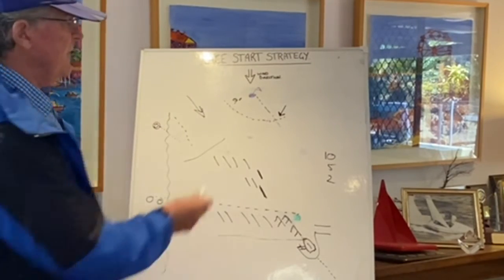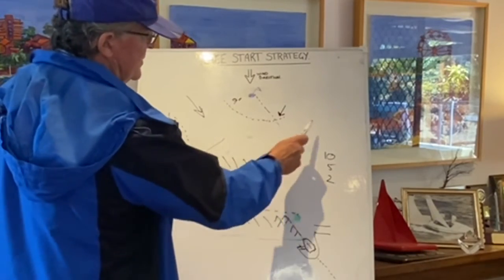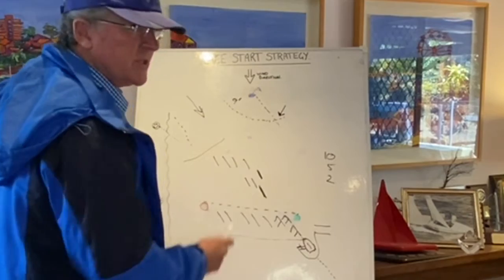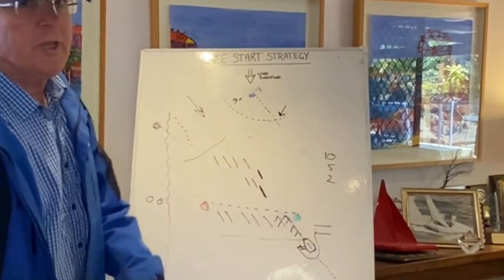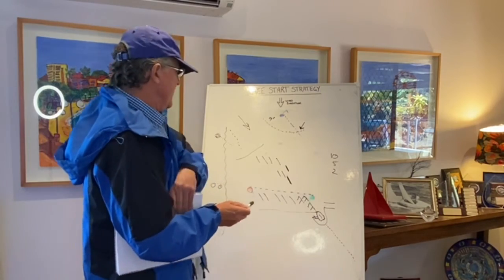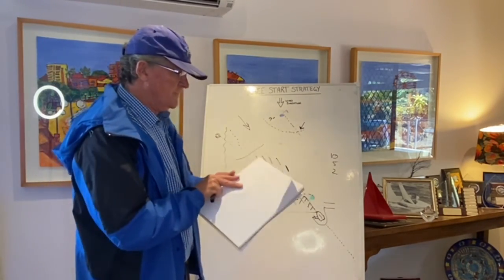On the other side, if there's a right hand puff, stay on this side, or if it's varying up and down the middle, stay in the middle and just work the individual shifts as they come and go. Obviously, tacking costs you time and effort, so you don't want to be tacking too often.